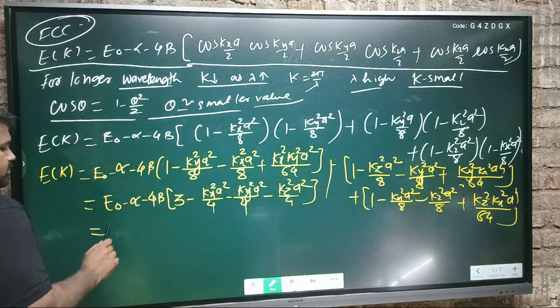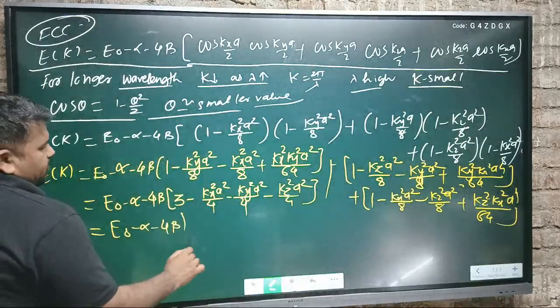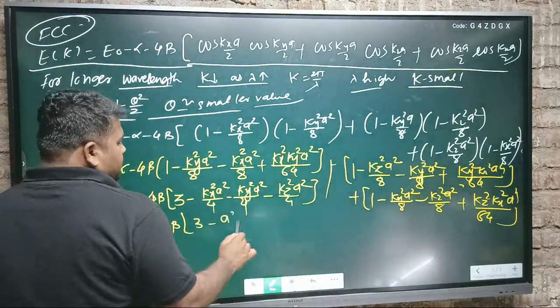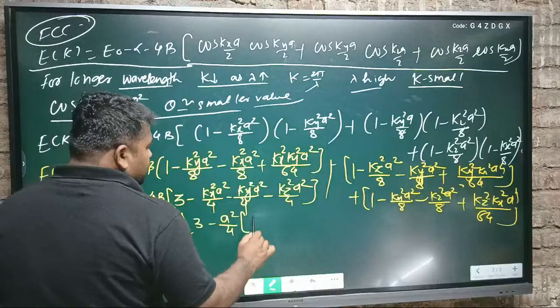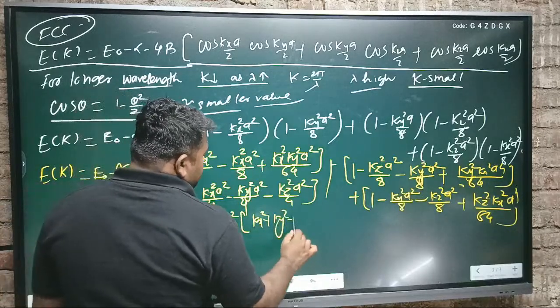This is equal to E naught minus alpha minus 4 beta, 3 minus a square upon 4 inside kx square plus ky square plus kz square.